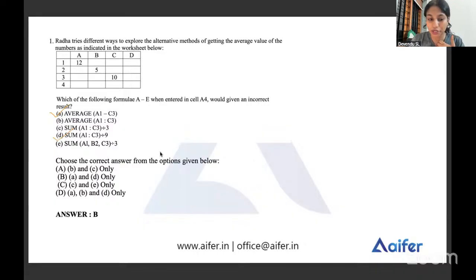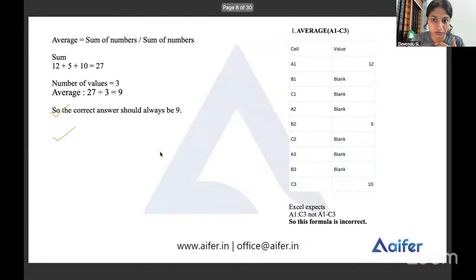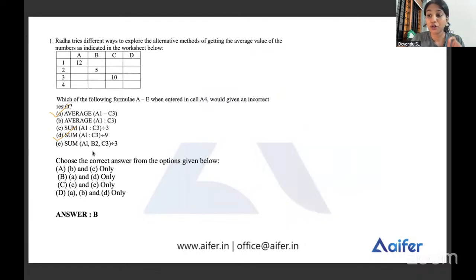Sorry, we also have one more formula given here, which is SUM(A1,B2,C3). What does a comma mean? Comma means including A1, B2, C3. For those we have to do a sum, an addition. A1 is 12, B2 is 5, and C3 is 10.